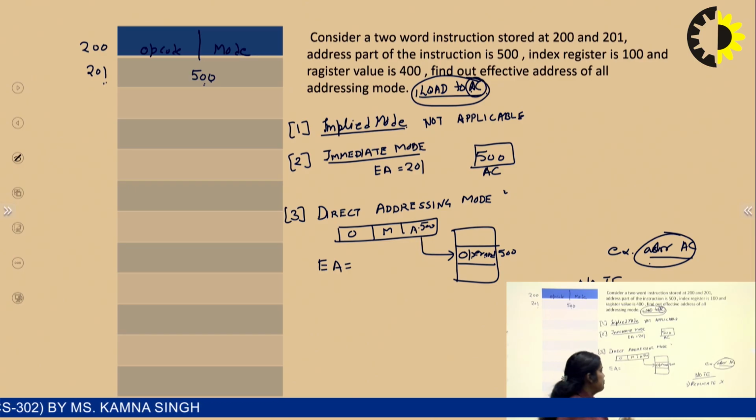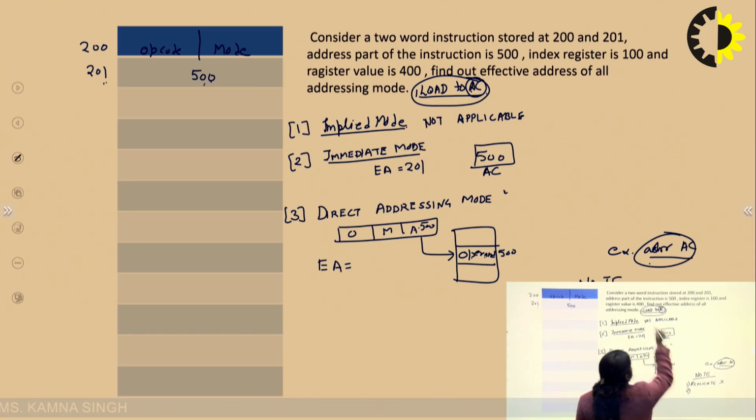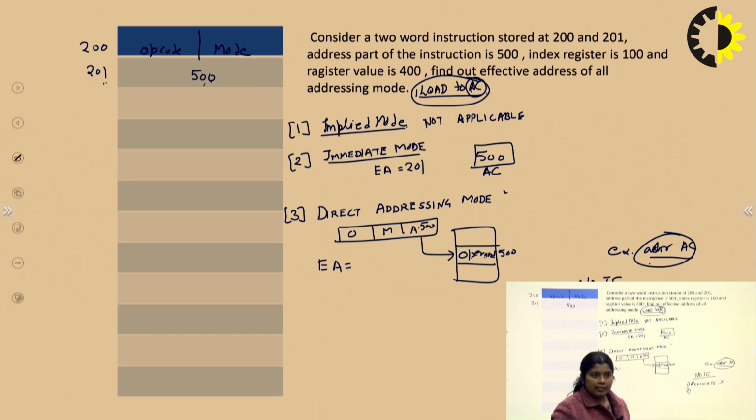Second, whatever number of digits are given in the address, here 200, 201, 300, 500 are 3-digit values, so the operand should also have the same number of digits. So it should not be replicated and the digit count should be the same.